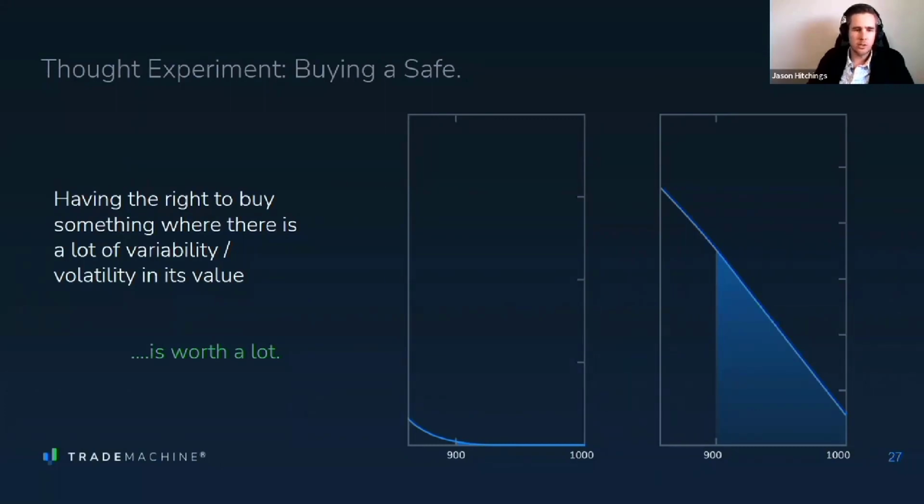If you're buying a stock and the stock is going to go up $2,000 over the course of the year and you spent $10,000, you don't want the stock to be fluctuating between 0 and $20,000 throughout the entire year just to make $2,000. That would be a very stressful year. But in this world, when you have the right to buy an asset, that volatility is actually worth a lot because it creates a range of options and a range of possibilities. And you have the possibility of capturing the best case scenarios within that.